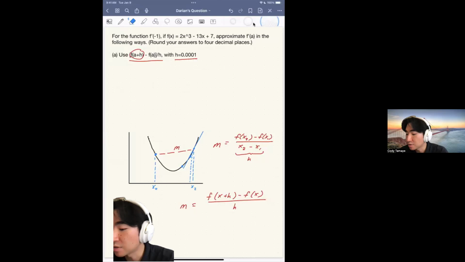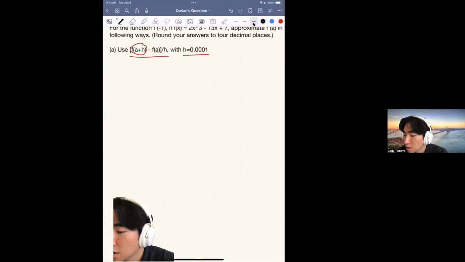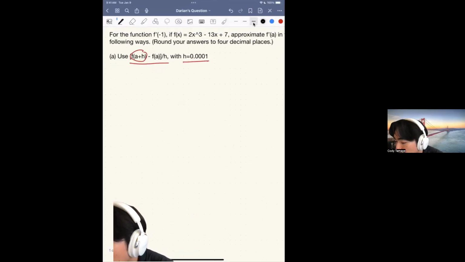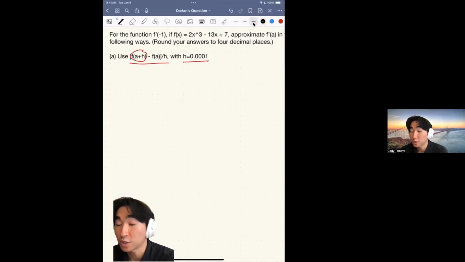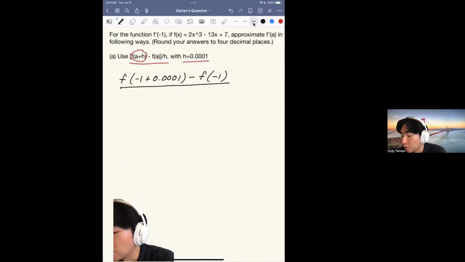So let's plug in these values. We know that the value that we want is f prime of -1, which means our x value is equal to -1. So we're going to do f of -1 plus 0.0001 minus f of -1, all over 0.0001.